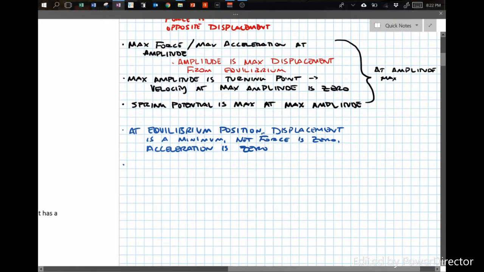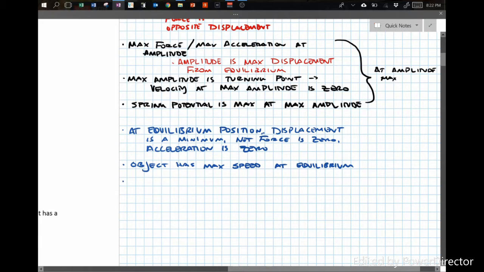The next thing that happens at the equilibrium position is that the object has its maximum velocity, its maximum speed, because it's going to be going in two different directions, at the equilibrium position.